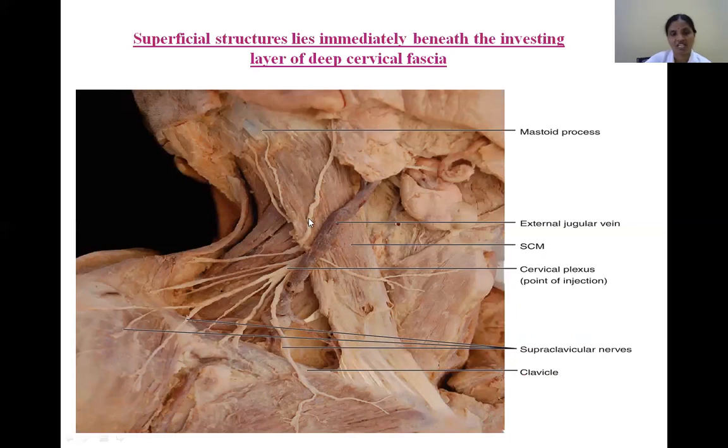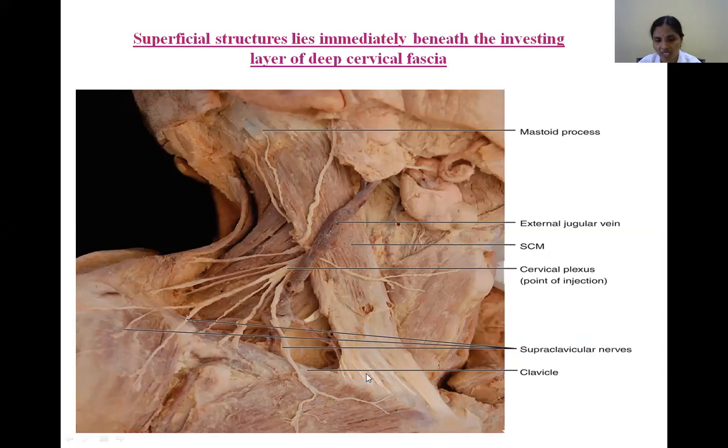So after reflection of the deep fascia, what are the structures you can identify? See here, a well demarcated muscle diagonally placed on the side of the neck. So what is this muscle? Sternocleidomastoid muscle. Origin, insertion, everything was discussed in the previous classes. In the practical, you are able to identify the insertions and the origin.